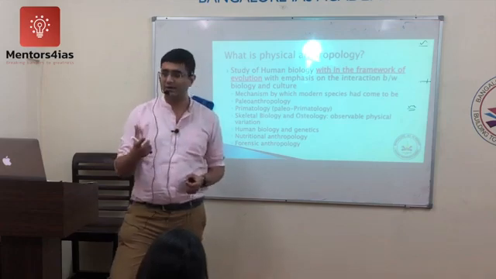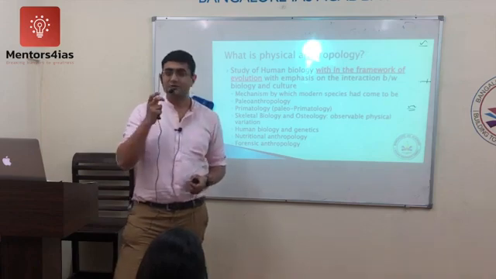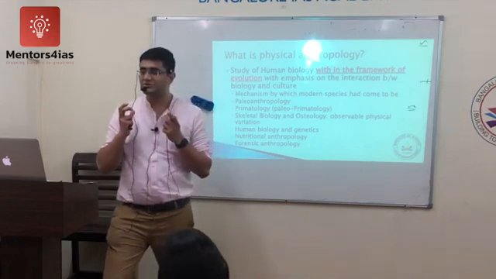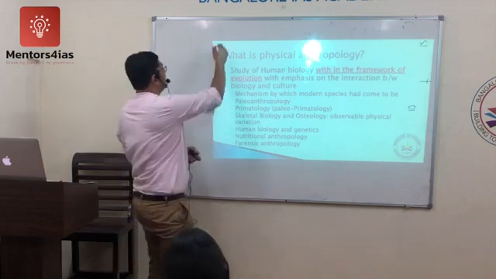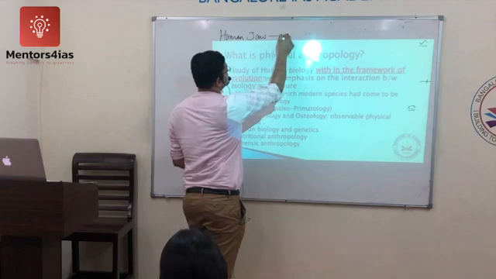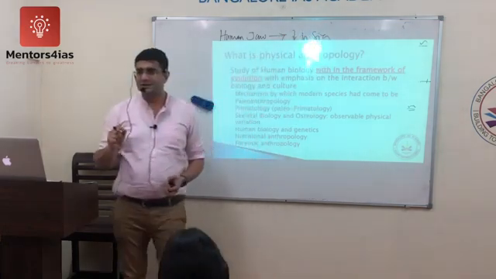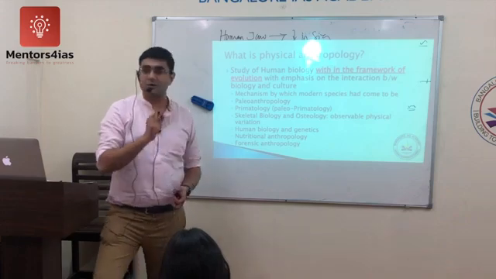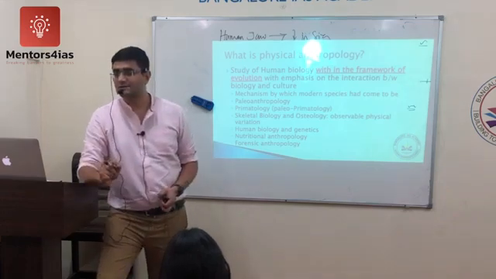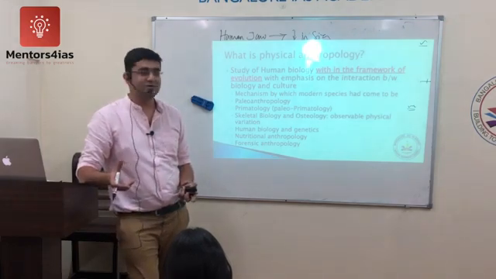For example, we have fire, we cook the food, it becomes soft, so we don't need this massive jaw. Over a period of time, the human jaw has reduced in size. Why is this? It is not only because of biology but also because of culture. What is culture? Cooking food is a culture.